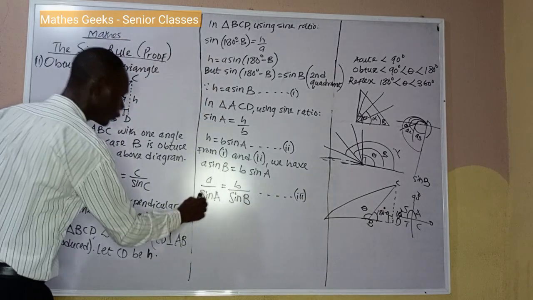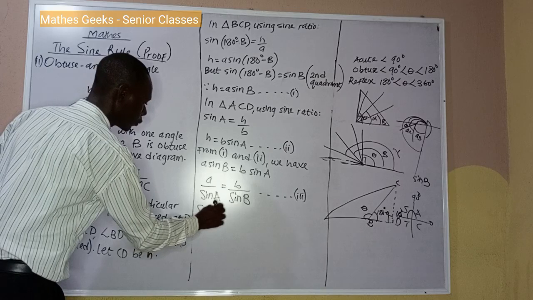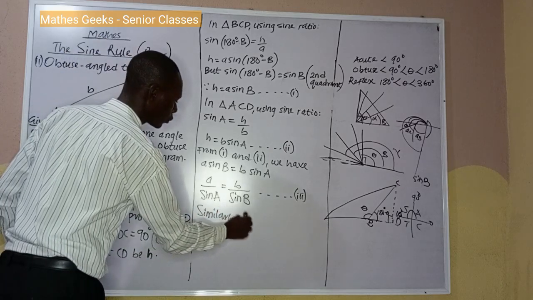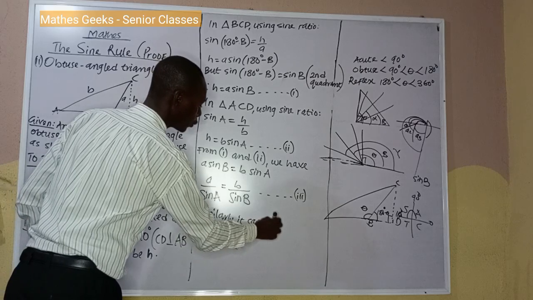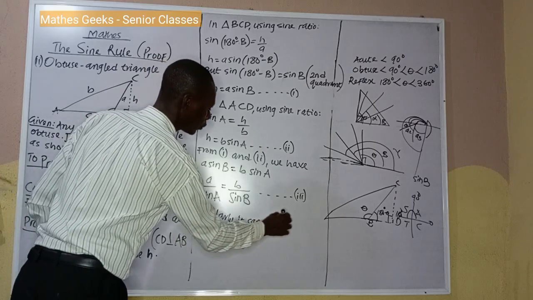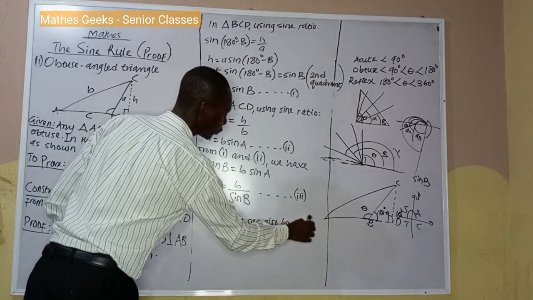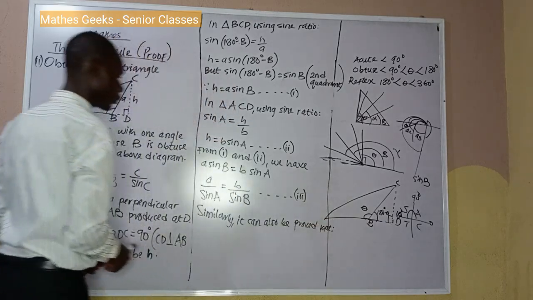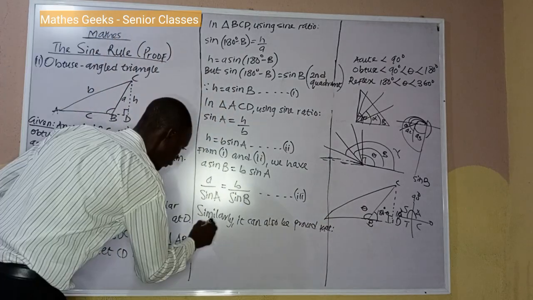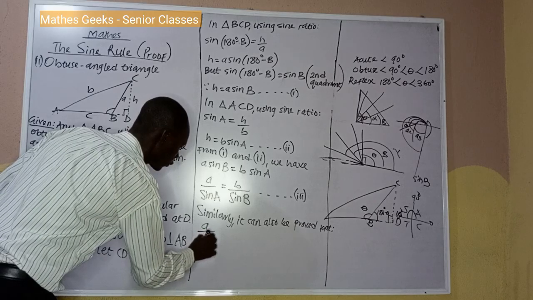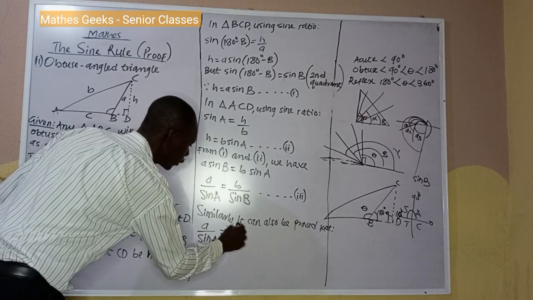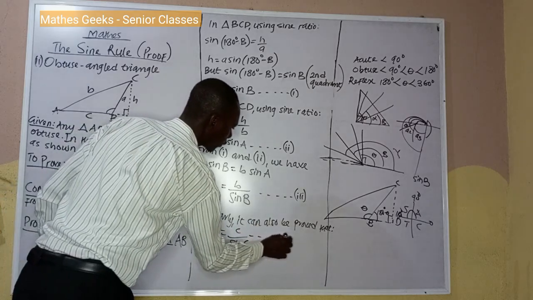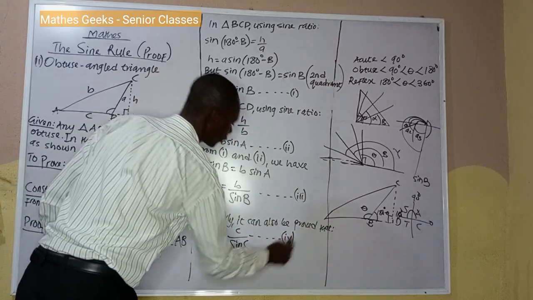Similarly, it can also be proved that a over sine A equals c over sine C. So this becomes equation 4.